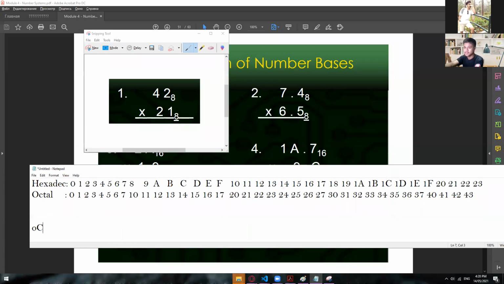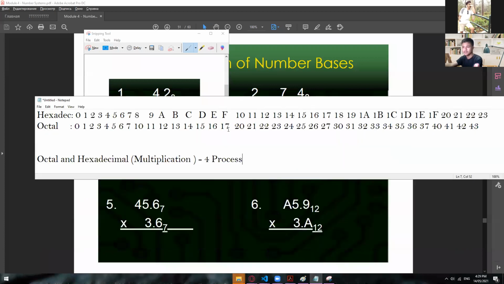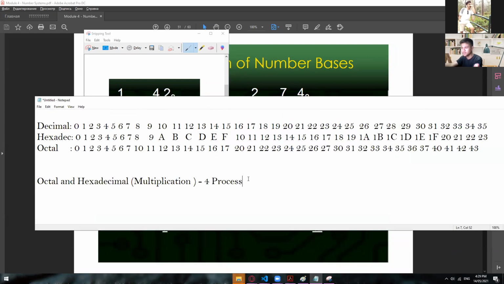So when it comes to octal and hexadecimal multiplication, you'll be needing 4 process. So what are those 4 process or 4 steps?